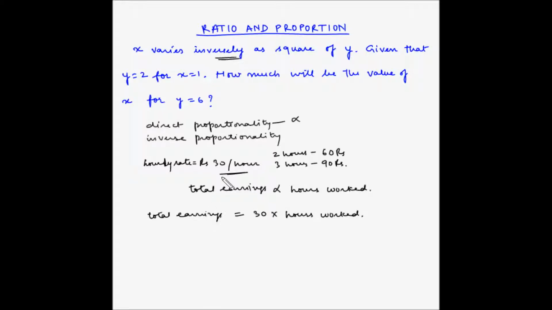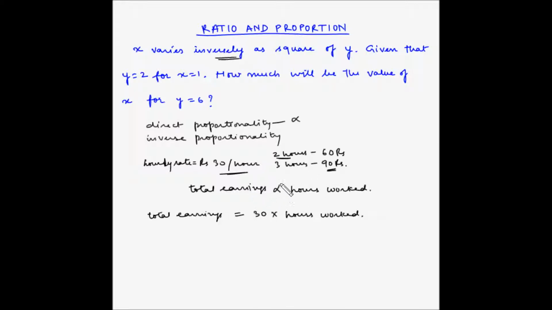We multiplied 30 with 2, so we got 60. Similarly, we multiplied 30 with 3 if you worked 3 hours. So the total earnings was 90 rupees.